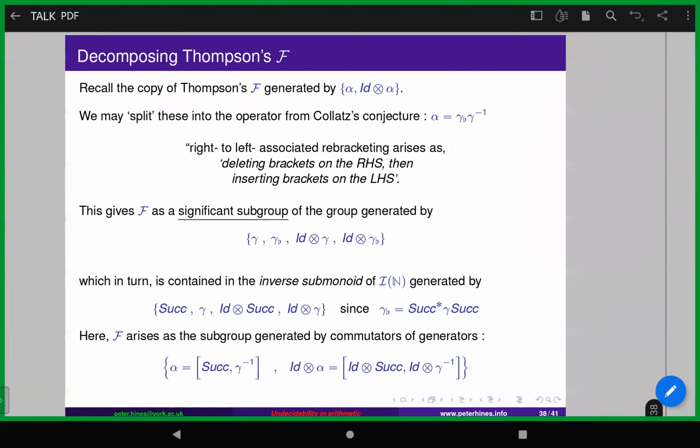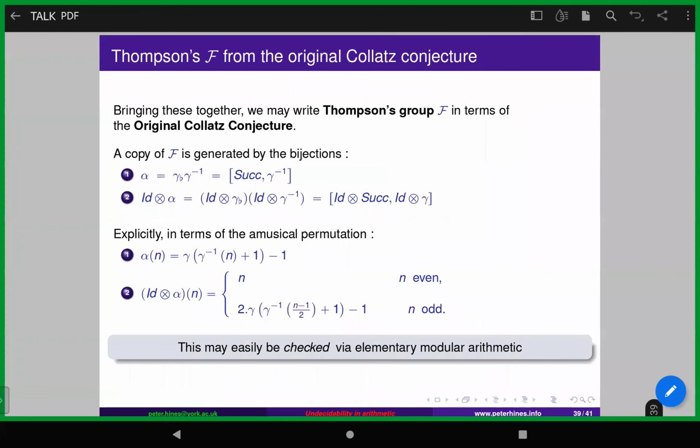Now, we can bring all this together, and instead of working algebraically, we can simply expand out the definitions. So we can write Richard Thompson's group in terms of the original Collatz conjecture and what Conway calls the A-musical permutation. We can expand this out explicitly in terms of the A-musical permutation and adding and subtracting 1 in each case.